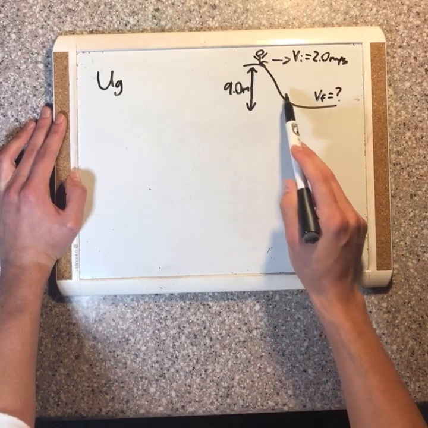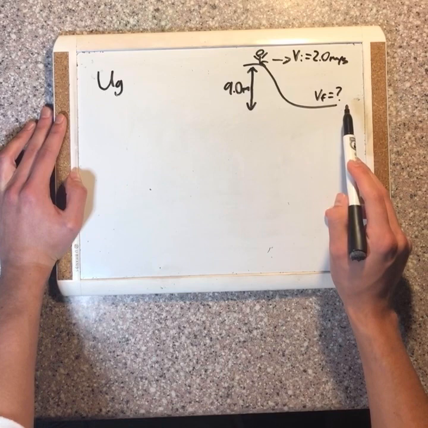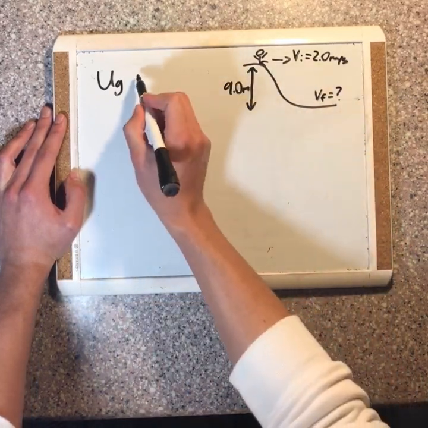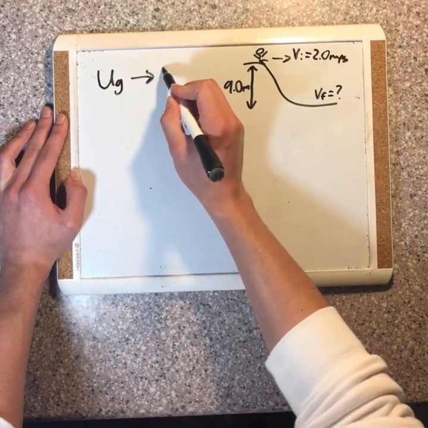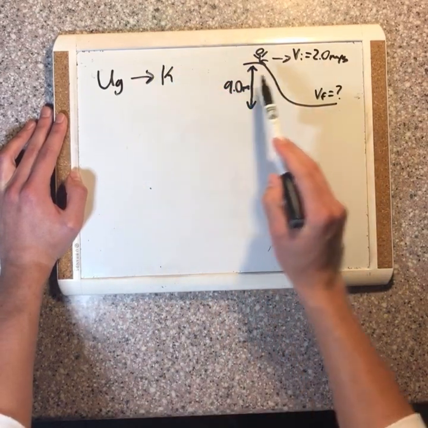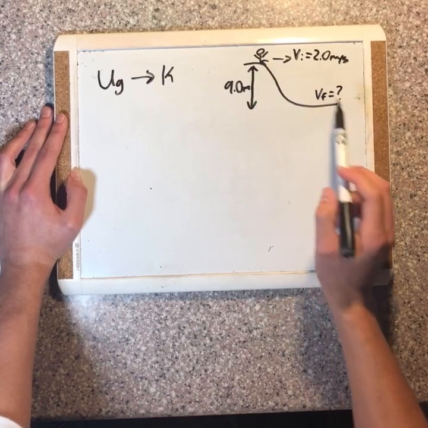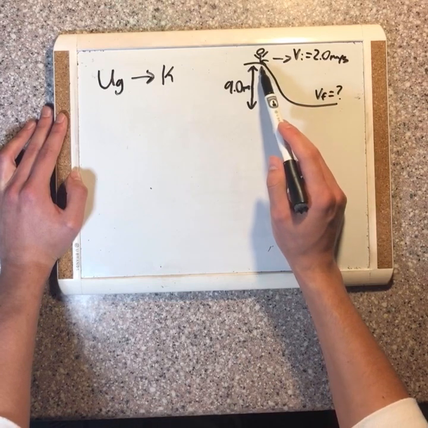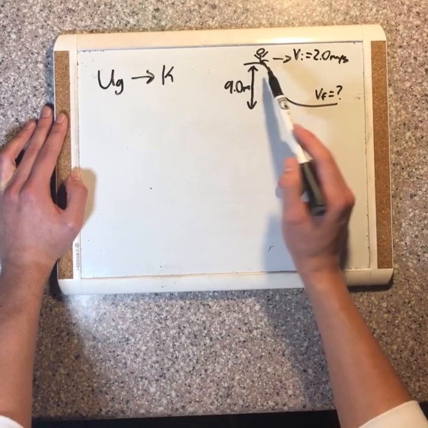As they slide down the slide, they're going to be moving faster and faster, accelerating, and that potential energy is going to be converted into kinetic energy. So what we're going to try and quantify is how fast they are going based on how much potential energy the person had initially.